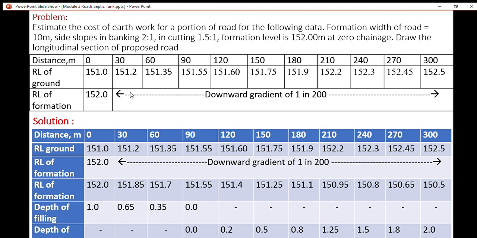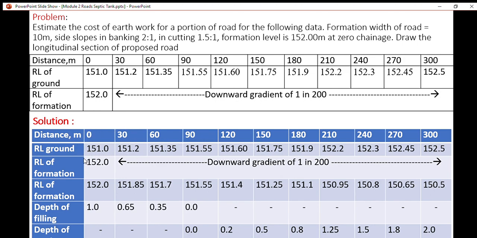Thereafter, the formation is descending at a gradient of 1 in 200, which means a fall of 1 meter vertical for every 200 meter horizontal. Now coming to the solution part, the first 3 rows are copied from the problem table.